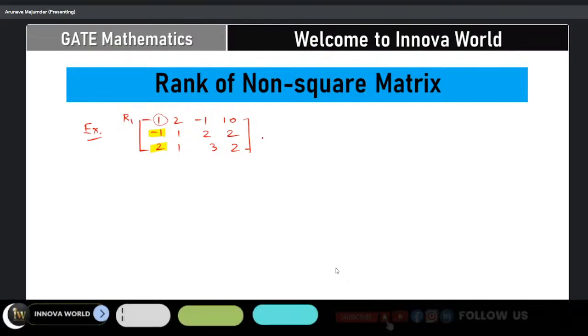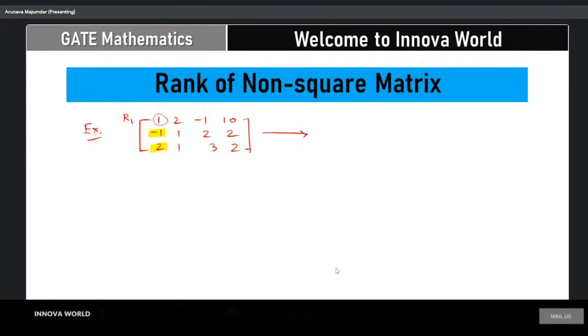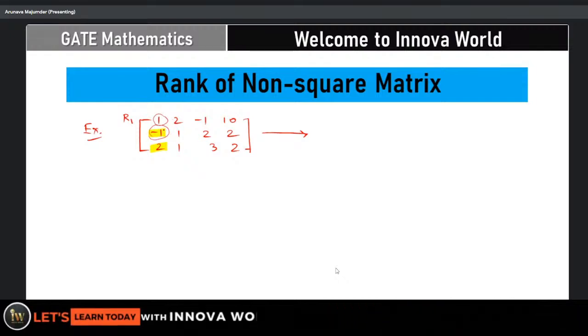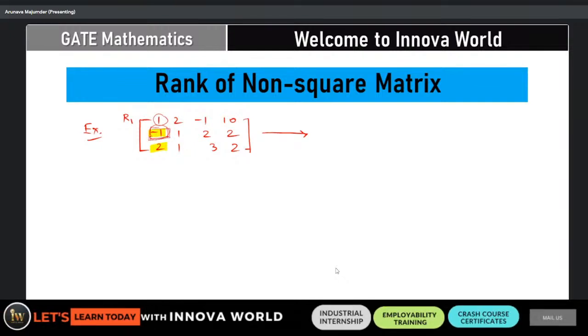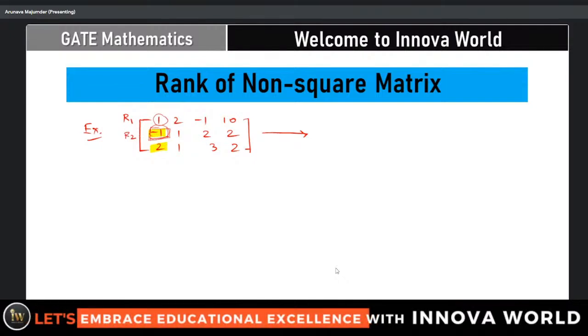Now what is the operation we can do? You can see that this second element is -1, and we need to make it 0. It is situated in row 2, so we are going to make a change in row 2.